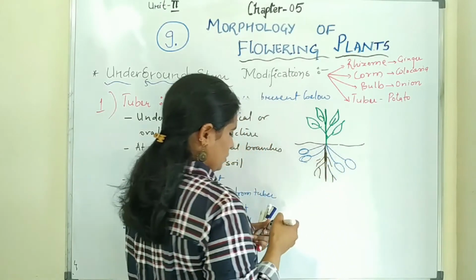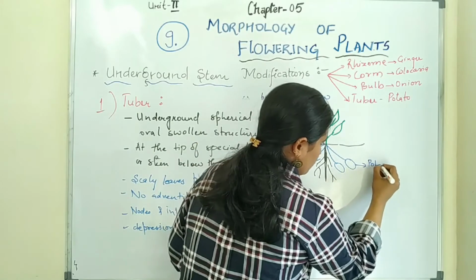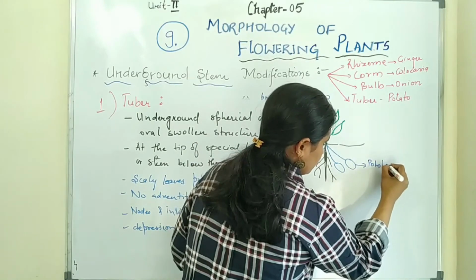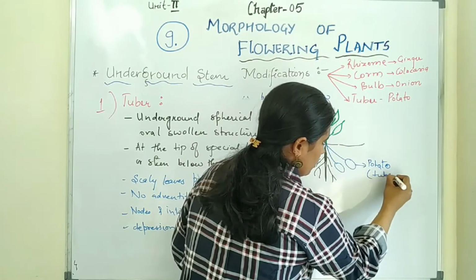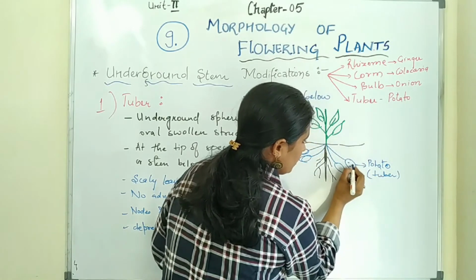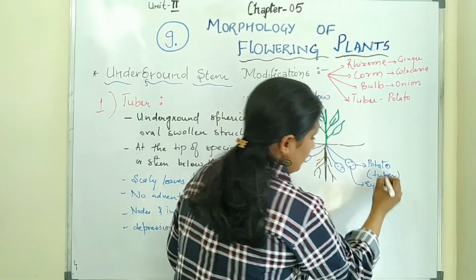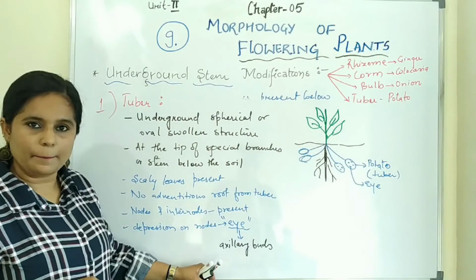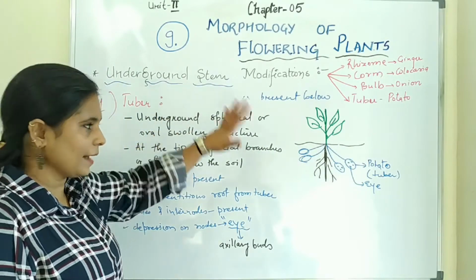Fine. So, you will see here, this is potato. And this is a tuber. You will find a depression here which is called the eye, and the eye represents the axillary buds. So, these are the characters of tuber.